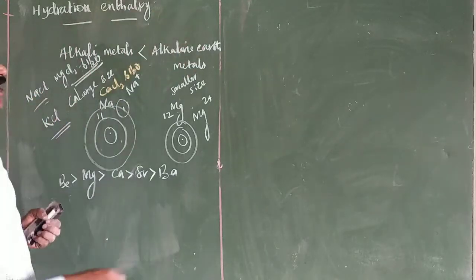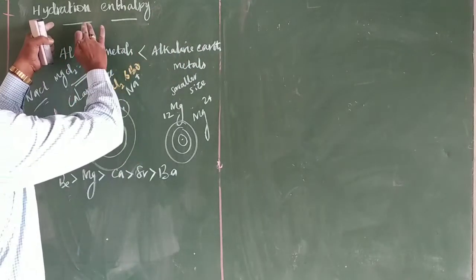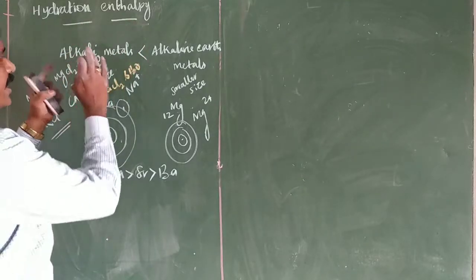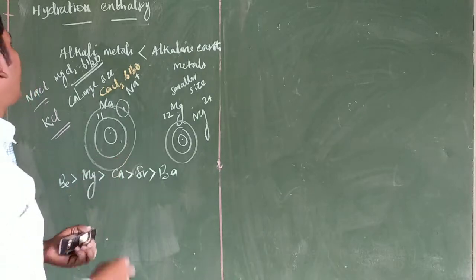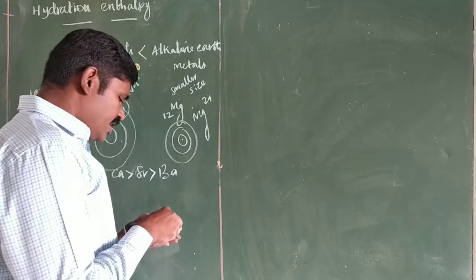So alkaline earth metals have higher hydration enthalpy than alkali metals due to size.